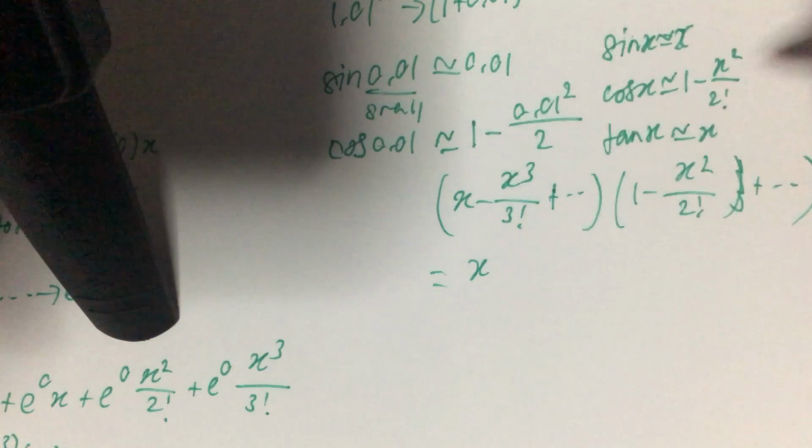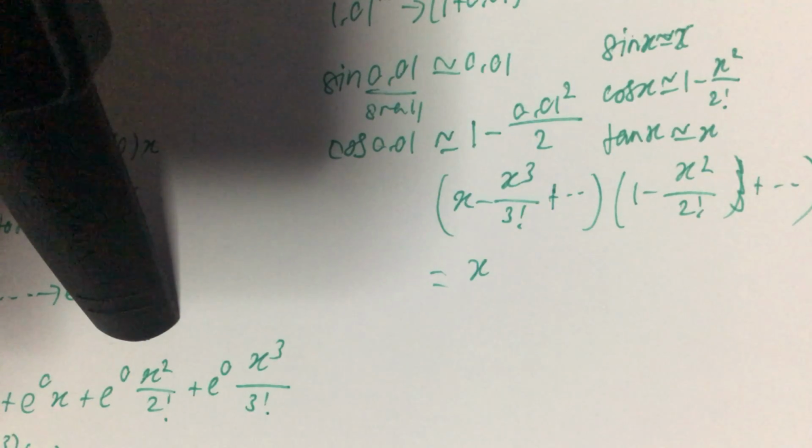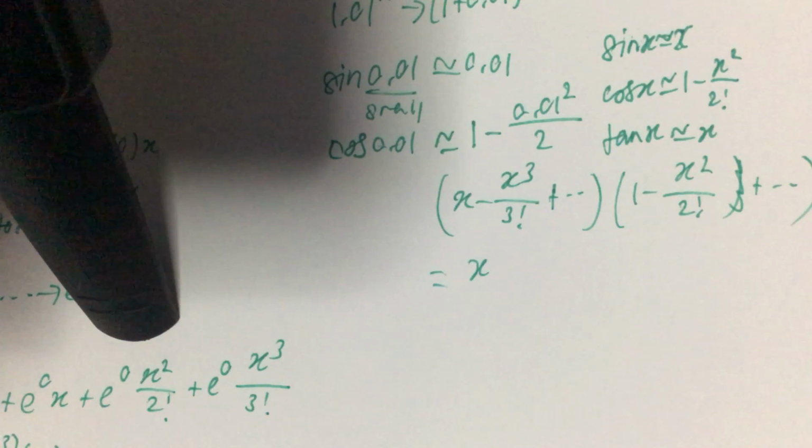So, yeah, because the x squared will be smaller than the 1, obviously, and it'll be almost like x over 1. And that's why tangent x is approximated to x, especially for a small angle, in the sense.